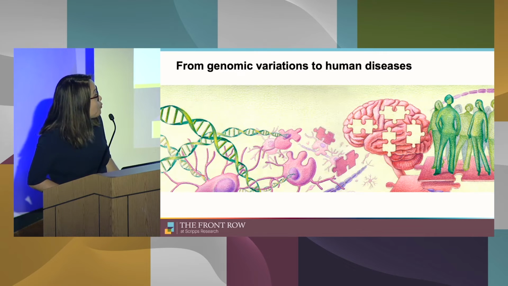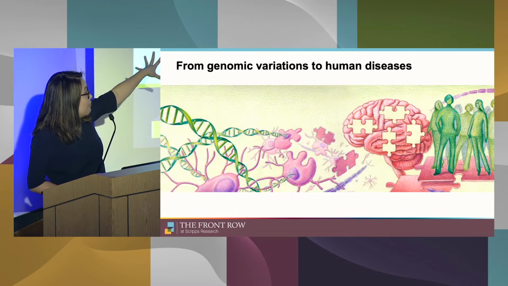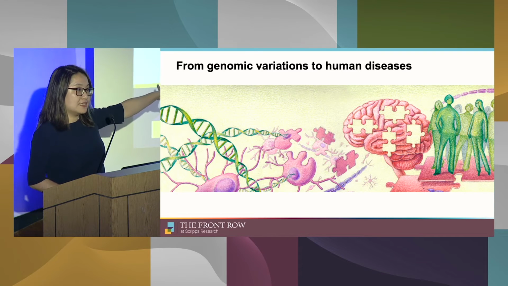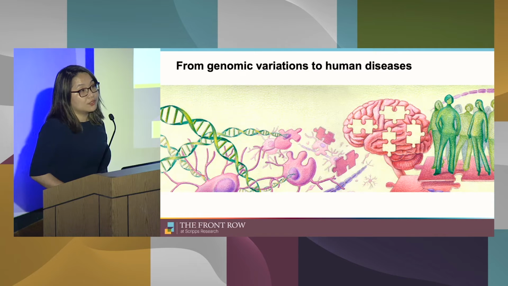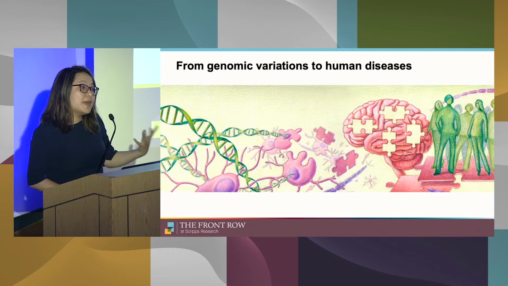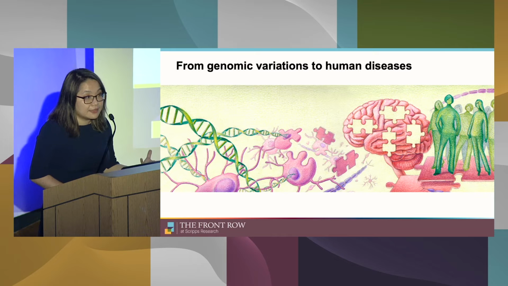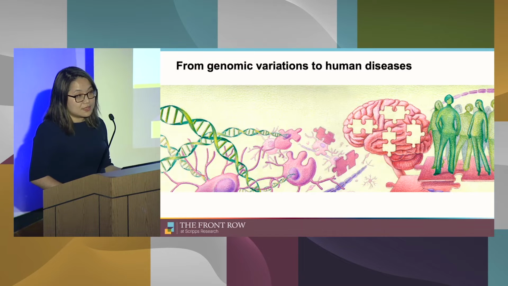But now we want to understand individual brain cells. There are many different kinds of brain cells, including neurons and non-neuronal cells, and we want to understand their function, especially their function in interpreting these disease genomic variants. And we want to do so one cell at a time.